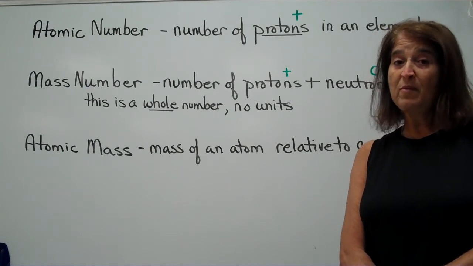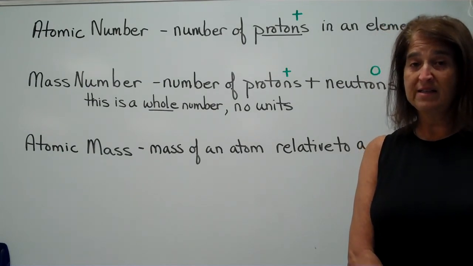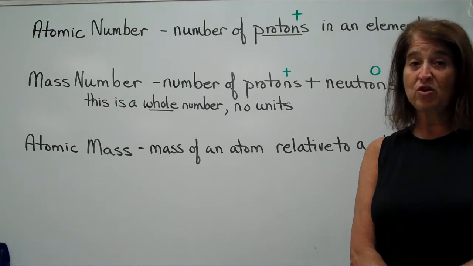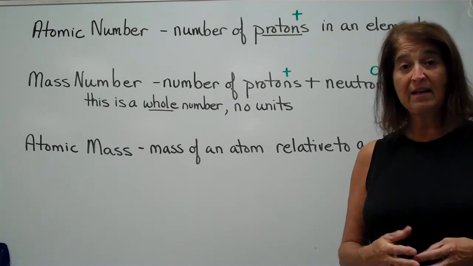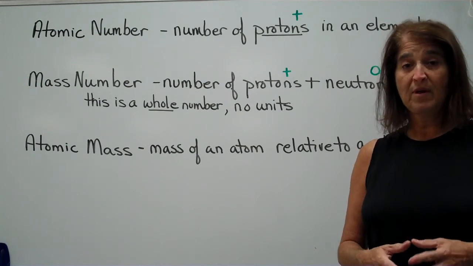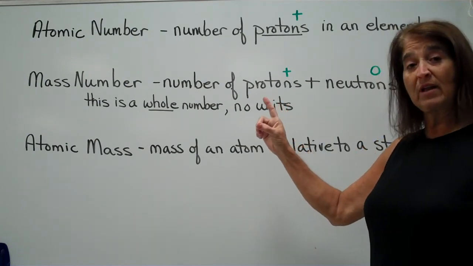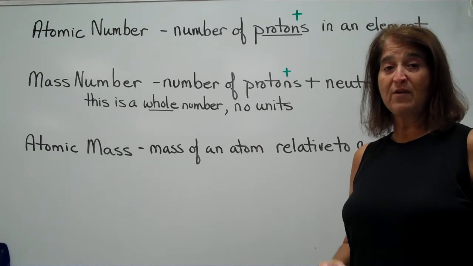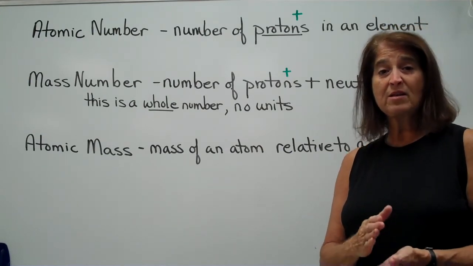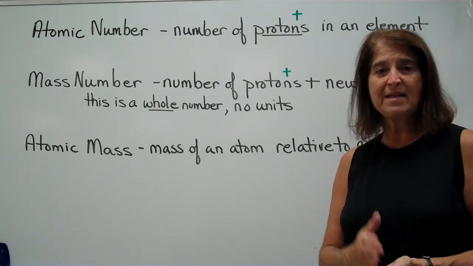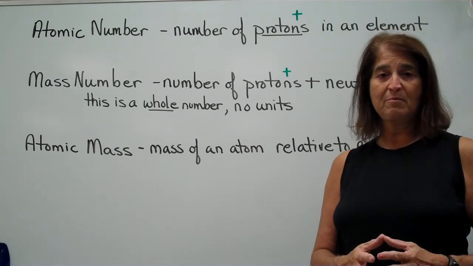However, we've been studying ions, atoms with a charge, because they have either lost or gained electrons. Very strictly, the atomic number is defined as the number of protons in an atom, and it is the number of protons that identifies that atom.